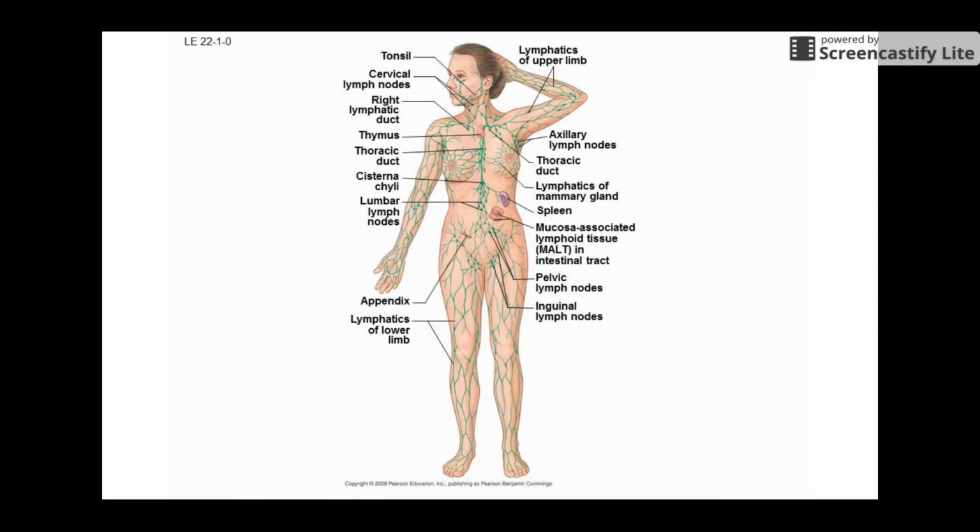So if they have a tumor in one area, they can look at the lymph nodes that area would drain to, and they can actually remove those lymph nodes, look through them, and check to see if cancer cells moved there. And that's generally a sign of metastasis, right? We've talked about the spreading of cancer. So that's one of the medical uses of lymph nodes, to check and see whether something has had an opportunity to spread or not.